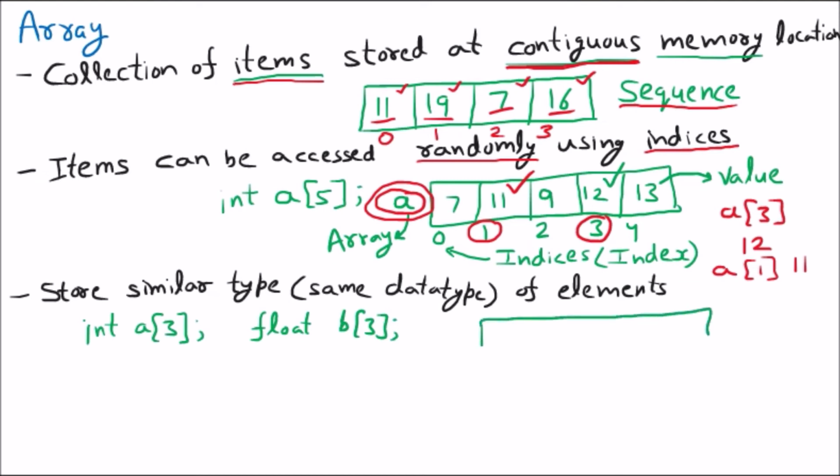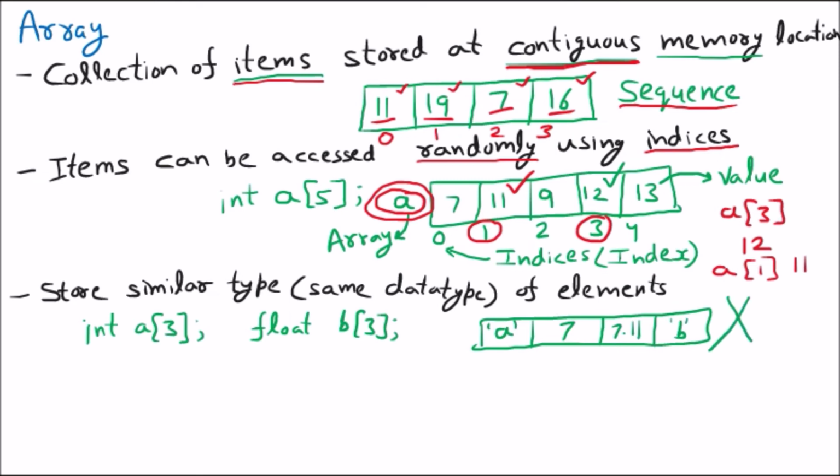But it is not possible that I am having an array and here I am saying that there are four blocks, and in the first block I am saying character value, second block integer value, third block a floating point value, or any other block again character. That is totally wrong.